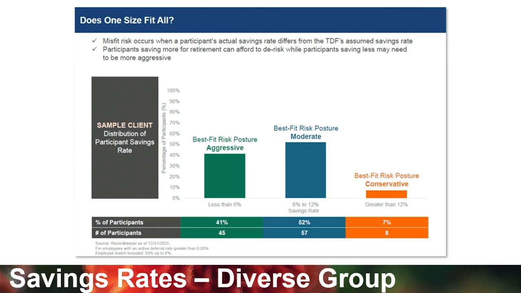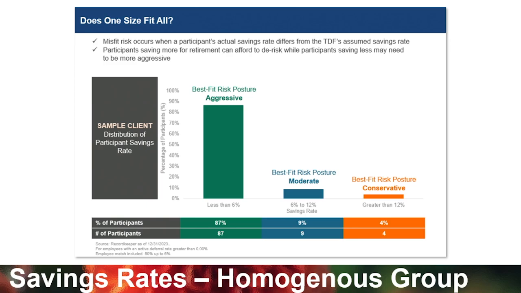So on the flip side, you may run into a plan where majority of the clients are best fit for a single risk glide path, to where it may not be as necessary if they're a homogeneous group. It's not as necessary to look at the multiple glide path solutions, but it's still there in case you'd like it.